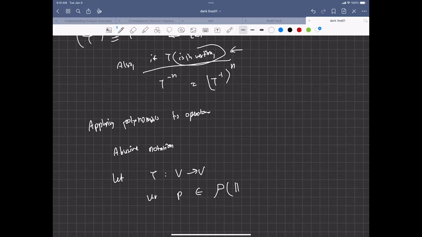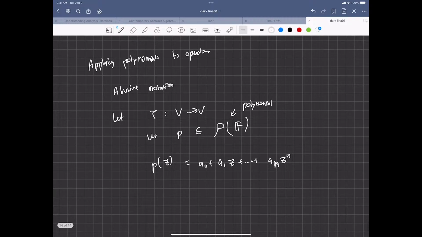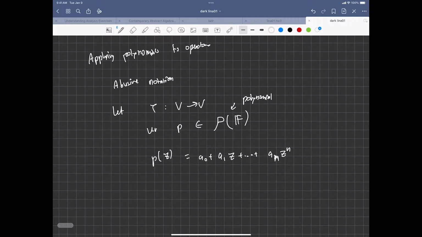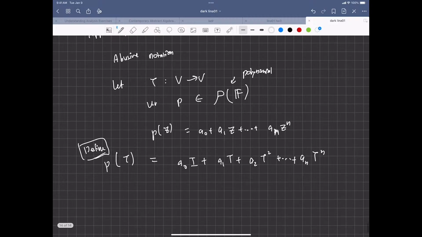In this book, I believe the symbol for a polynomial is p of F. We define p of T to be equal to this sum.